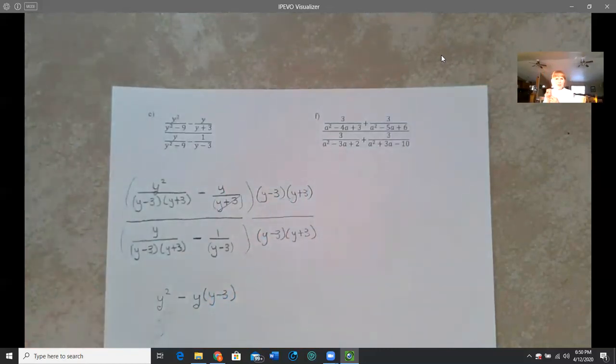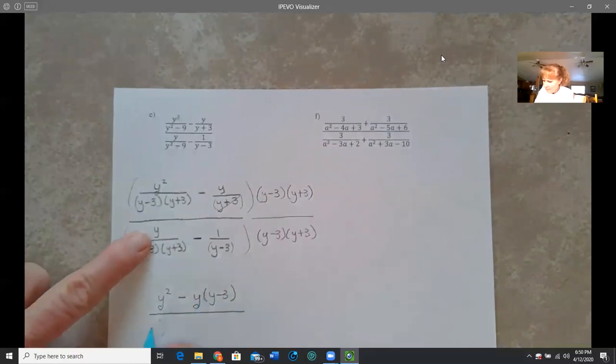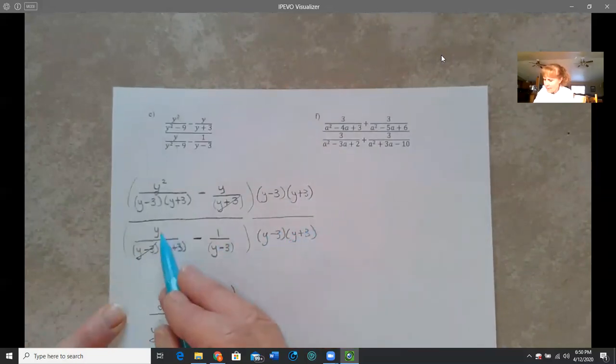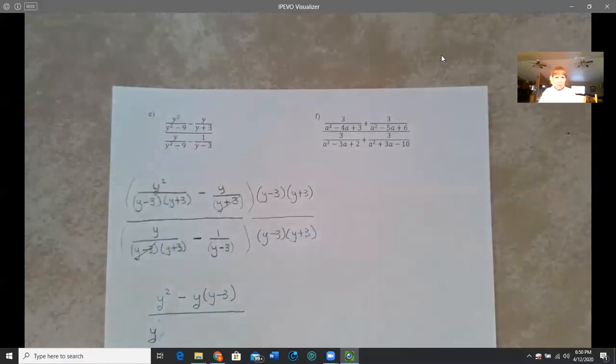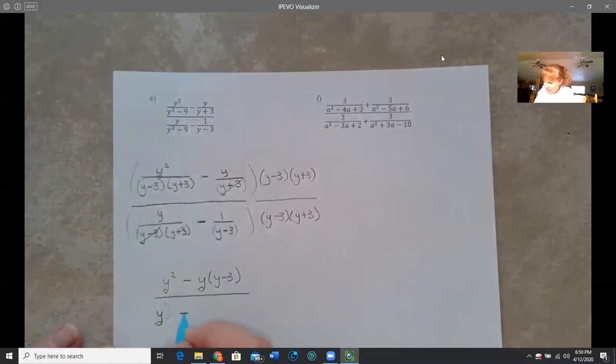Again, watch those subtraction symbols. It's still there. Over, we're going to have a y times, well, let's see, this cancels, and the y plus 3 cancels, so it's just y times 1. It's just a y. Minus, so we have a minus there. We have a 1.